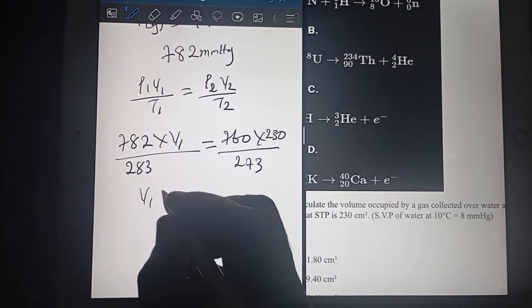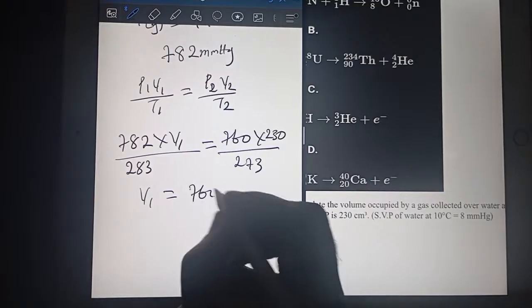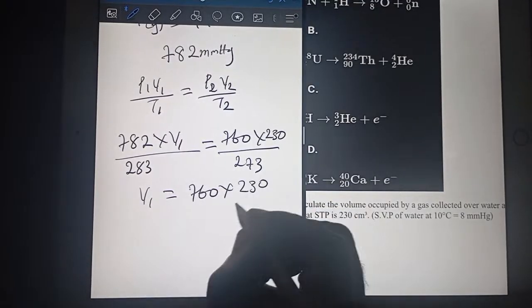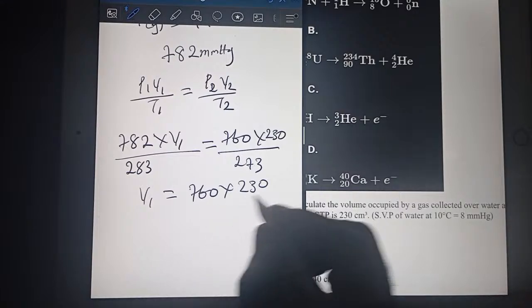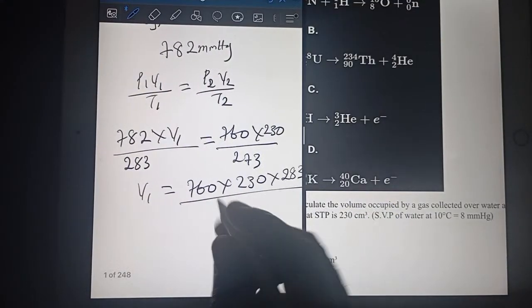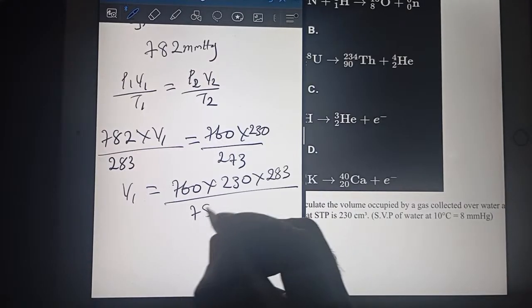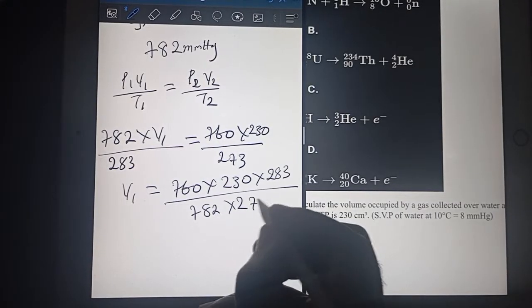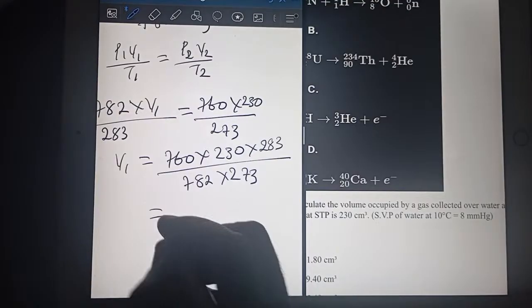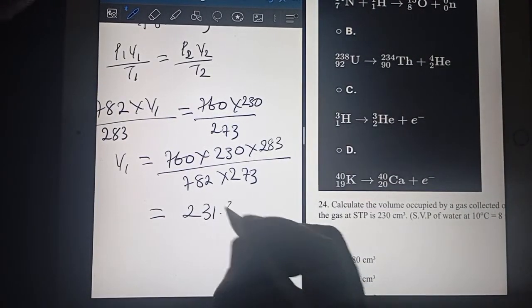Because of time, V1 will now be 760 times 230, times 283, all over 782 times 273. If you do this, you will arrive at 231.8 cm cube.